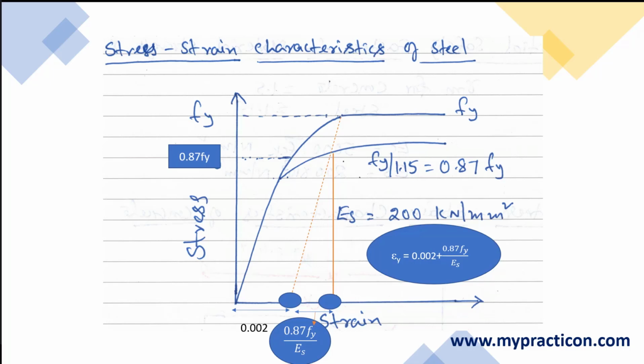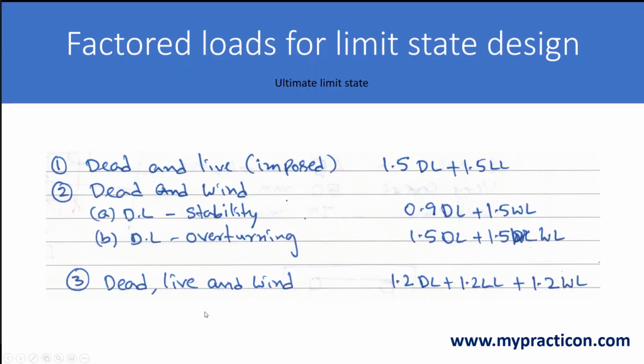The design stress is the same as mild steel, 0.87 fy. However, if you calculate the strain at this point, it is 0.002 plus 0.87 fy divided by Es. So this is the strain at this point.